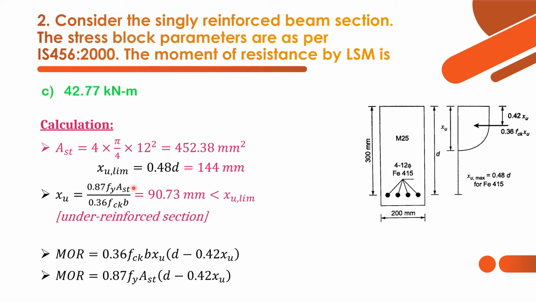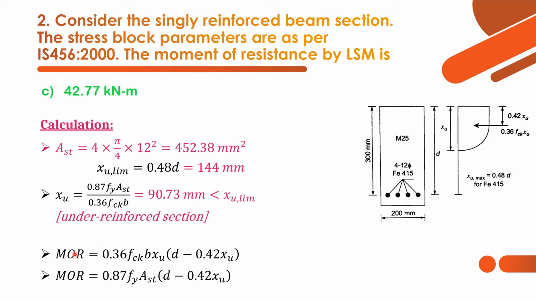Substituting all the relevant parameters, we get xu as 90.73 mm. So compare this xu with the balanced section. Here xu is less than xu limit, so that means the section is under reinforced.